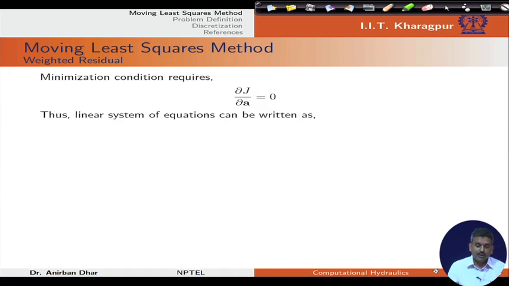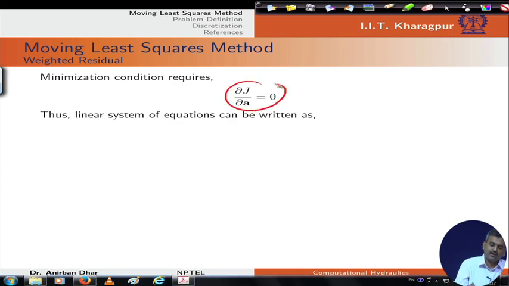Now, minimization condition: J should be differentiated with respect to A, meaning for all A values.